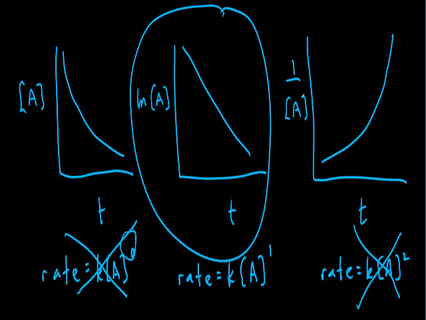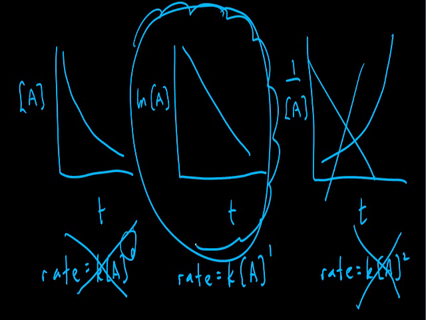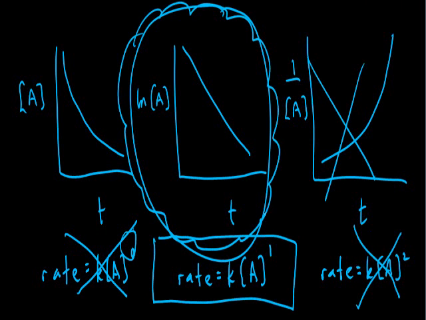And 2nd order is not correct because our 1 over concentration did not provide a linear plot. But when we see our plot of the natural log of concentration versus time is linear, that tells us that with respect to chemical A, this is a 1st order reaction.